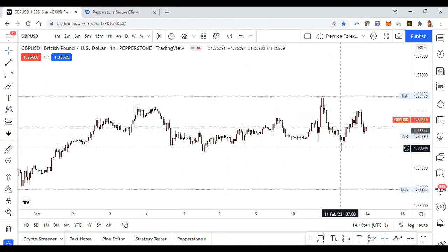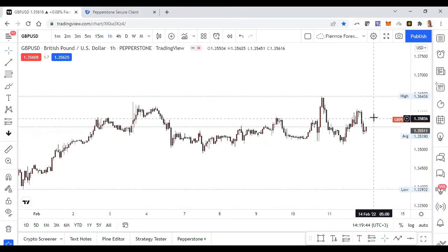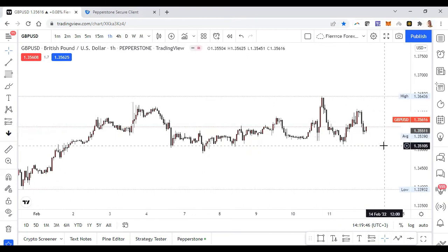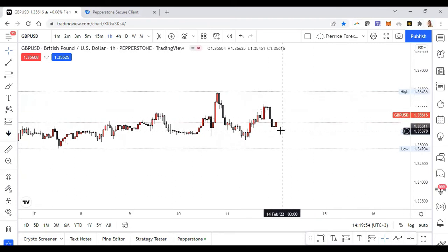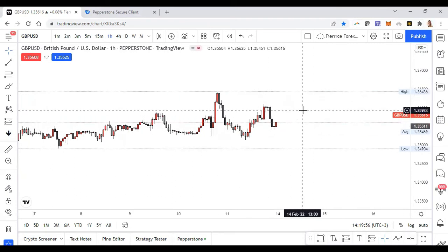I'm thinking, okay, push up, then maybe reject, come back down to the immediate previous demand zone before we continue to the upside. So hopefully I'm making sense in that scenario. So yeah, target of 1.35933.